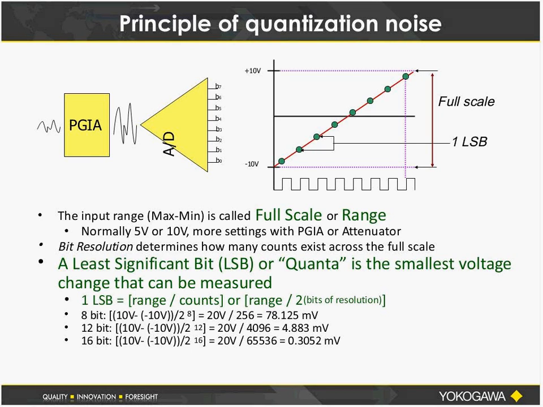All scopes, almost all scopes, are 8-bit instruments. So if you're measuring plus and minus 10 volts using an 8-bit instrument, the minimum amount of voltage scale that you'll be able to resolve is 78 millivolts. And that's the concept of quantization noise.